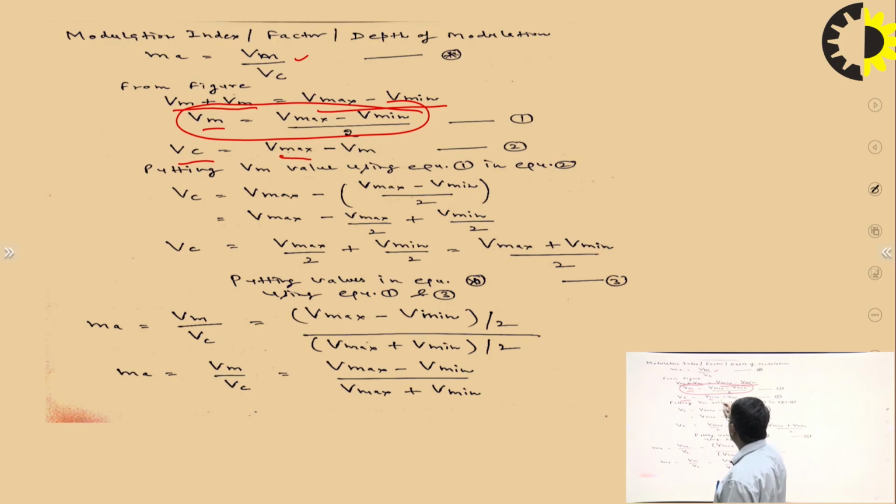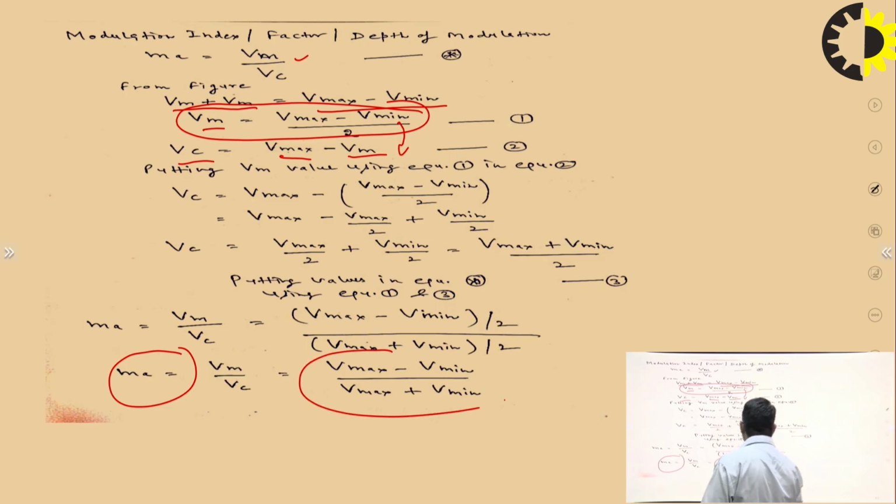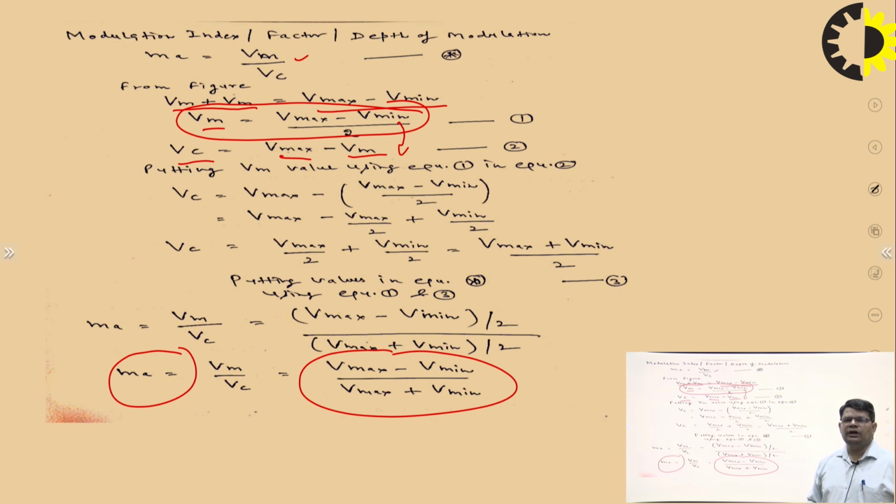Vc is given by Vmax minus Vm. The Vm value can be put from here, and solving, we get the modulation index in terms of Vmax and Vmin. That is, in the AM wave, if we know the maximum value and the minimum value of the amplitude, we can calculate the modulation index for the case of AM.